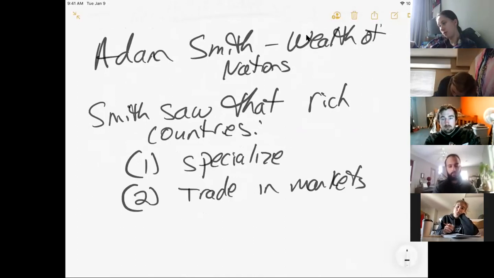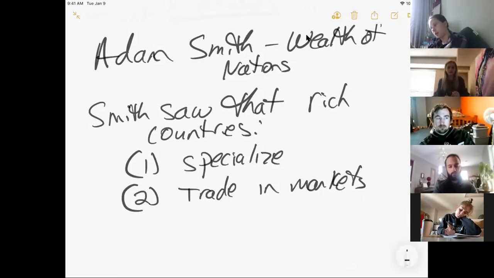They specialize and then they trade in markets. Specialization and trade, that's what makes a country rich. The more that you specialize and the more that you trade, that is the fundamental driving factor of increases in wealth.